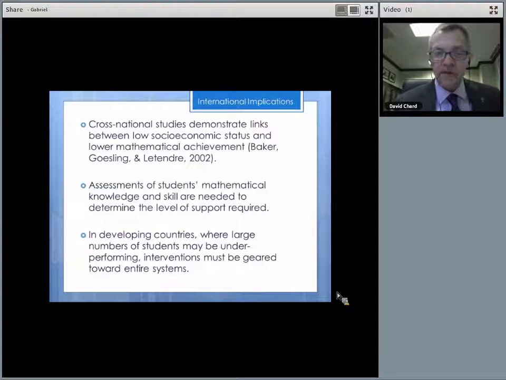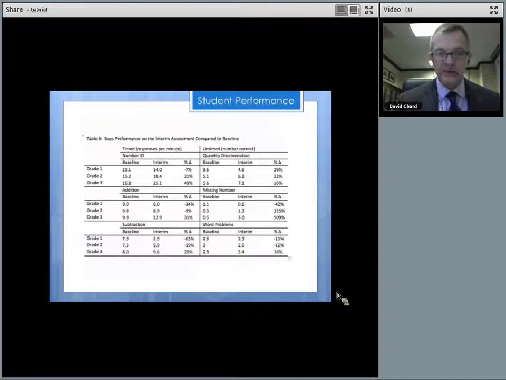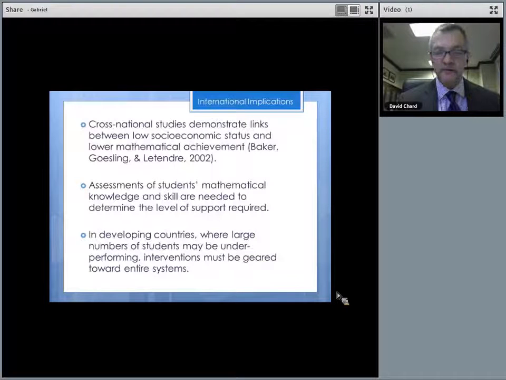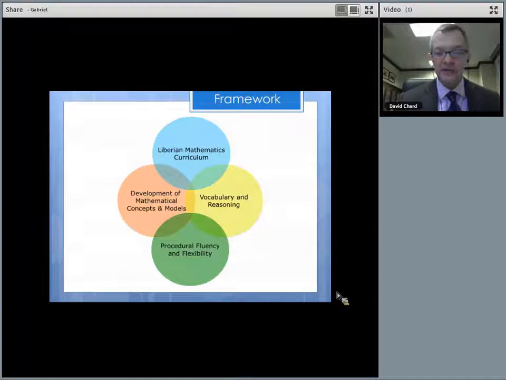So we wanted to base the program we were developing on the Liberian mathematics curriculum, but the difference is we wanted to create something that was focused on helping children develop conceptually their mathematics understanding, and to be able to use models to illustrate their understanding, and then to really boost their vocabulary development as it related to their mathematics, so that they could not just do math, but help us understand their reasoning behind their procedures and their understanding. And then equally important, we wanted them to develop procedural fluency and flexibility with mathematics.